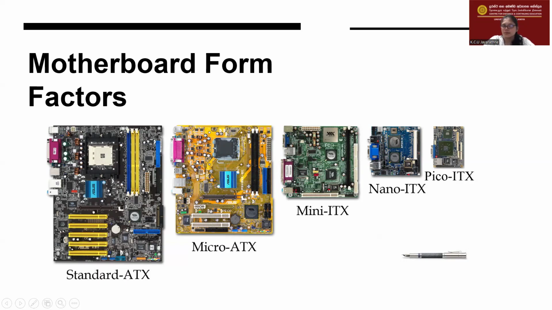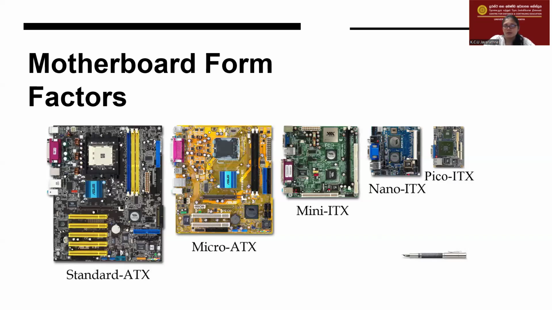What is the difference between these five? As you can see in the picture, the standard ATX is very large compared to the micro ATX. This kind of standard ATX is mainly used for gaming computers.